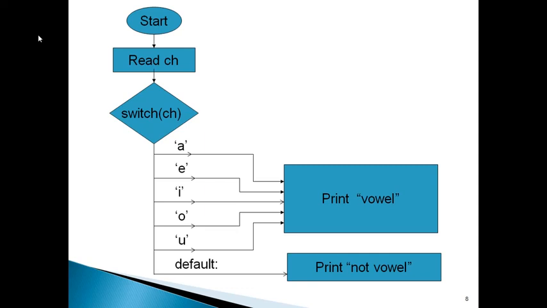If the entered character is equal to any one of these 5 characters, then we will print it is a vowel. Otherwise, we will print not a vowel.